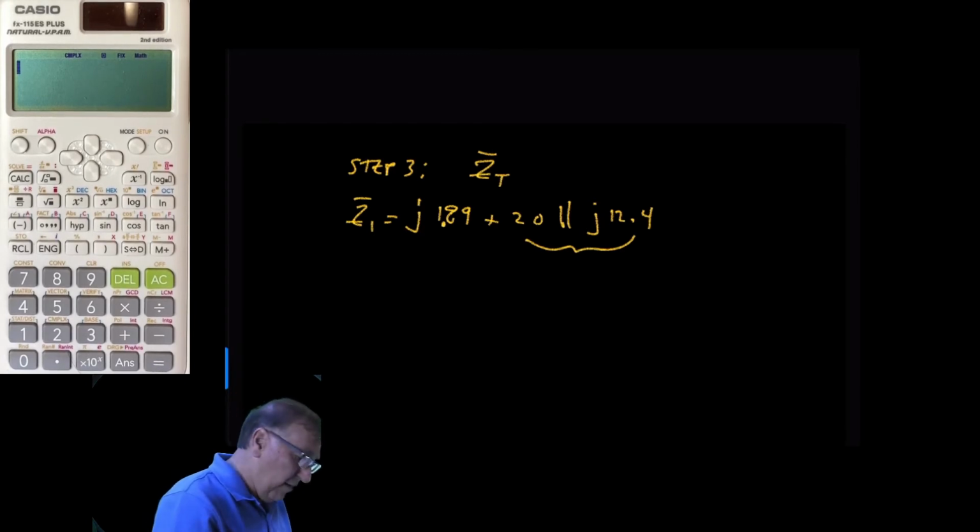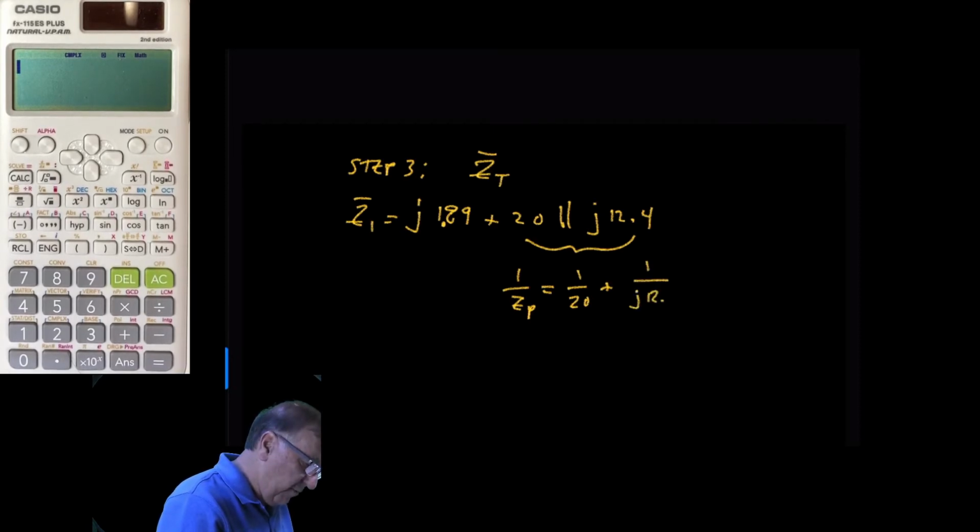So we'll say that this parallel combination here is 1 over ZP. ZP, the parallel combination, is 1 over 20 plus 1 over j12.4.